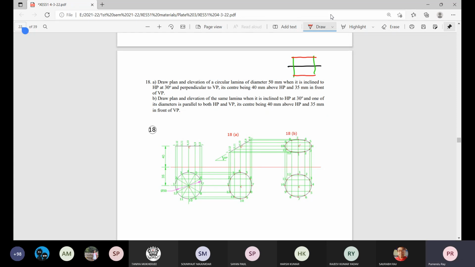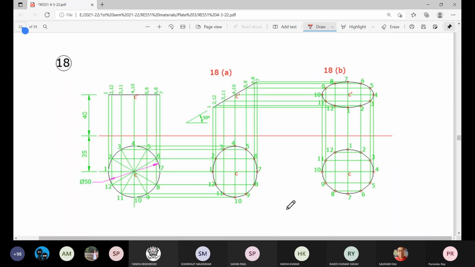Now here, if we consider these names of these definite locations along the boundary, then 1-7 is one diameter. Correspondingly, 2-8 is another diameter. 4-10 is also one diameter.